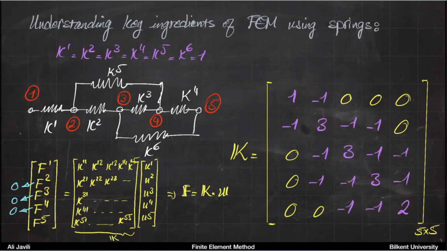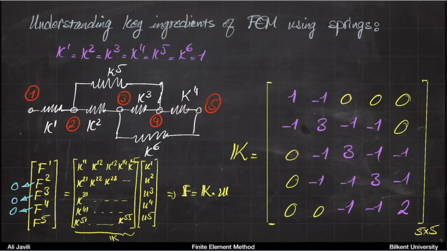So if you play the same game as we played previously, if you impose these, you can connect the displacements of node 5 to node 1, and that would be your effective spring. So that is how we define the effective spring.